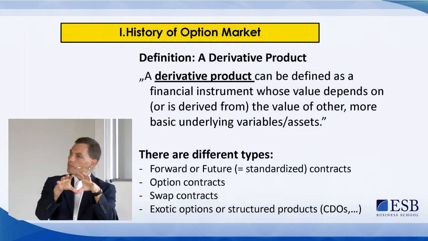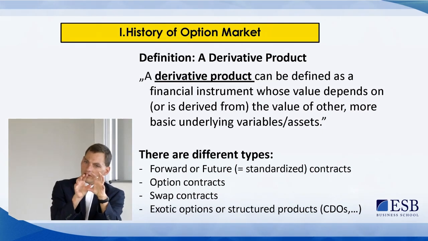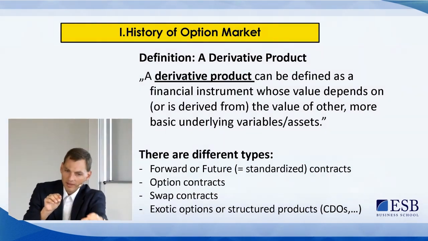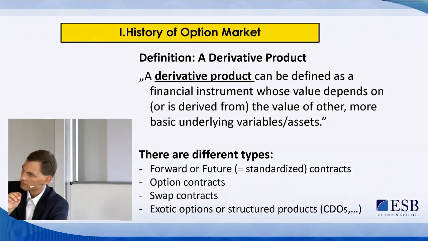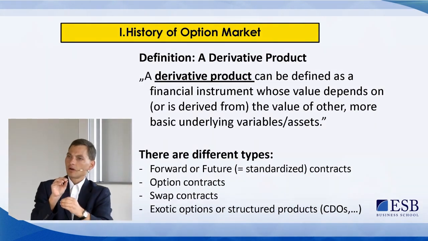So an option is a financial product whose true value is dependent on something behind the option. For instance, you can have an option on a stock, for instance, Microsoft stock. You can have an option, and what is behind is an interest rate. You can have an option on an index like the Dow Jones.